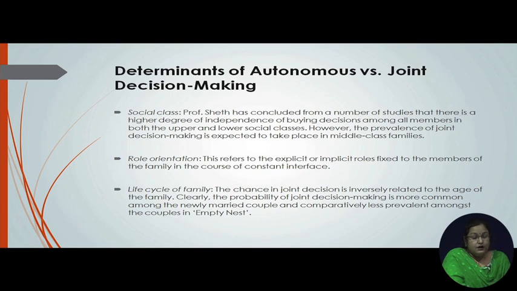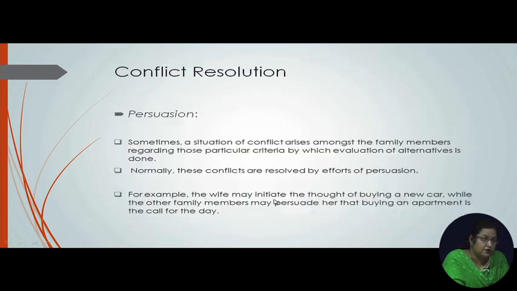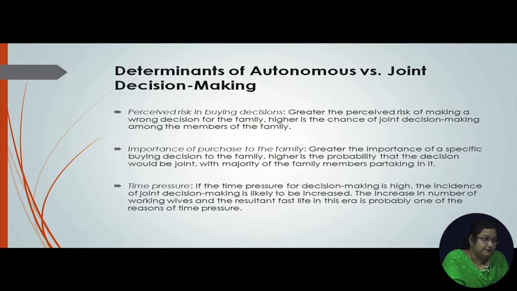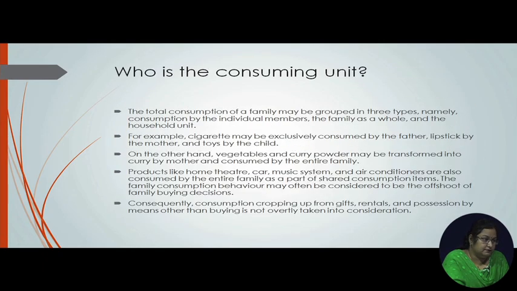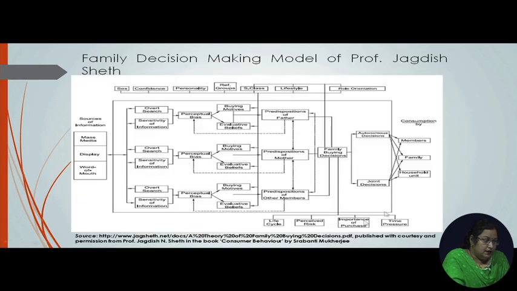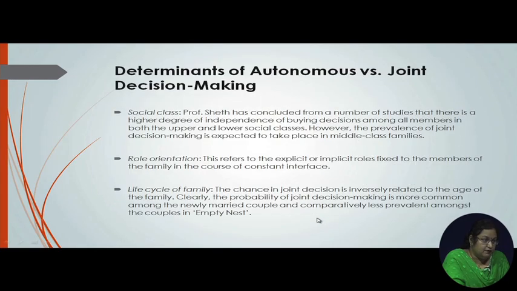And now, I told you right now that there are some determinants of autonomous versus joint decision making also. If you look at here, this is lifestyle, the perceived risk, importance of purchase and time pressure. So, we move ahead.